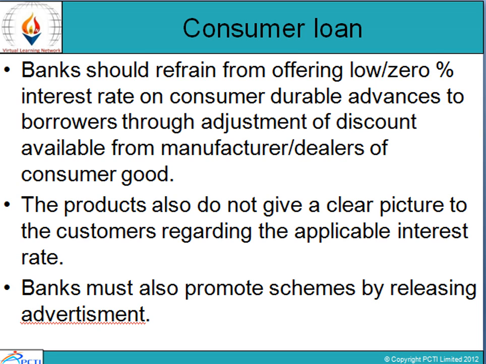Since such loan schemes lack transparency in their operation and distort the price mechanism of loan products, these products also do not give a very clear picture to the customers about the applicable interest rates. Banks should also not promote such schemes by releasing advertisements in different newspapers or media which indicate that they are promoting or financing consumers under such schemes.